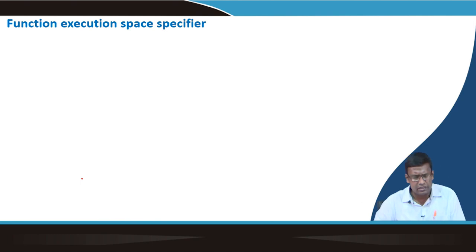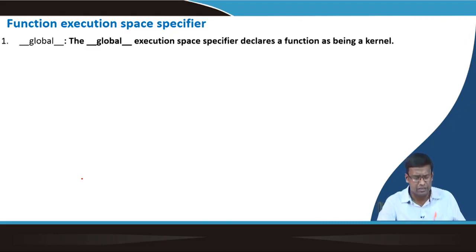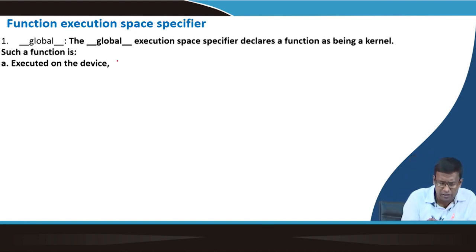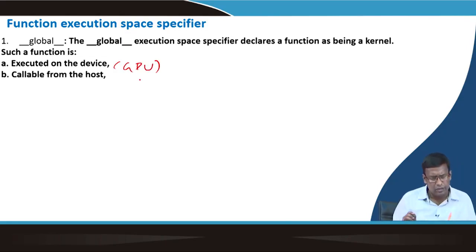So, we will see what a function execution space specifier is, that was __global__ in our previous context. The global execution space specifier declares that a function is a kernel. What is global? This function is executed on the device, and device means GPU. This function is callable from the host.